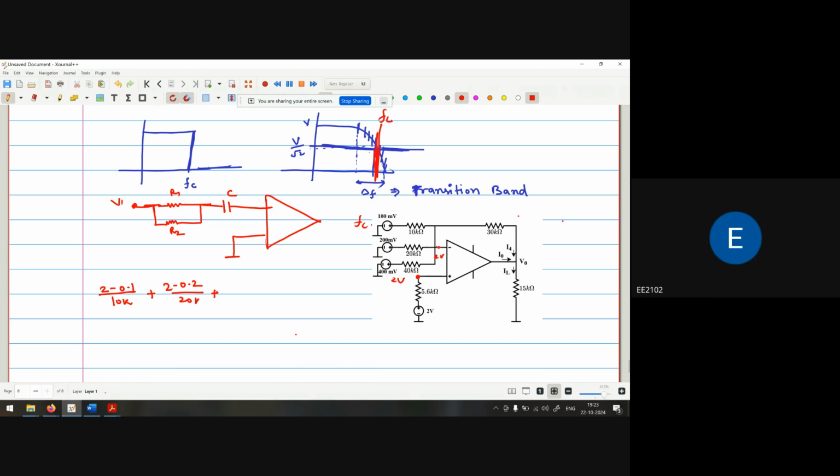I think we have already discussed this question. So what is the value of V naught?